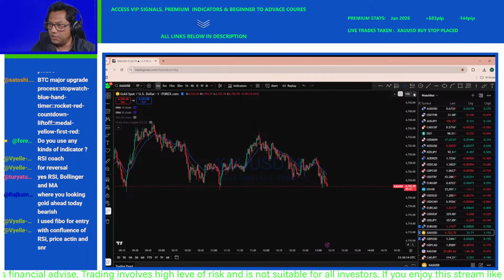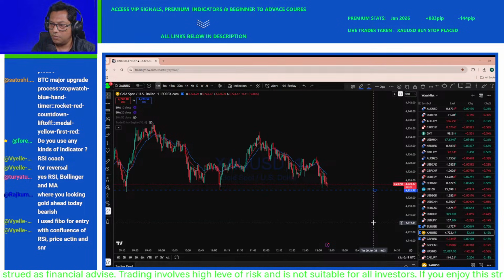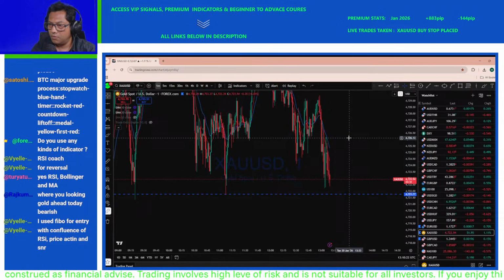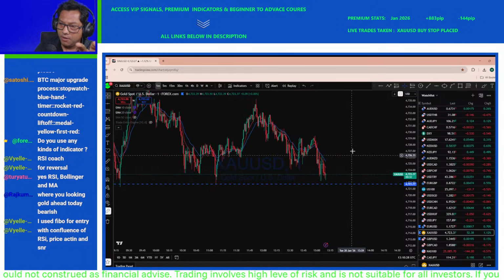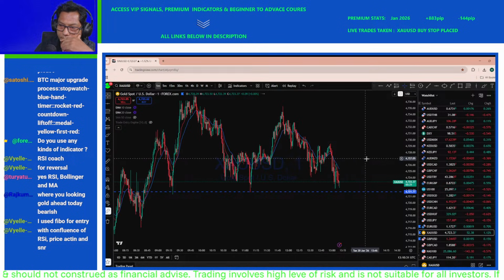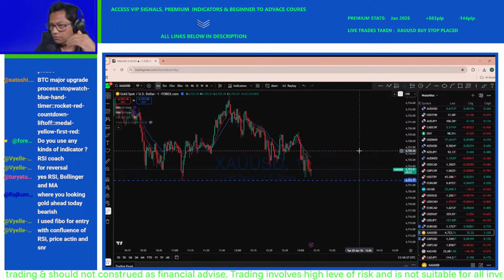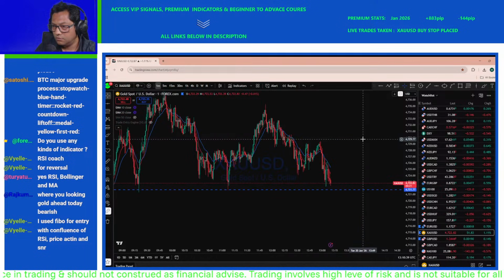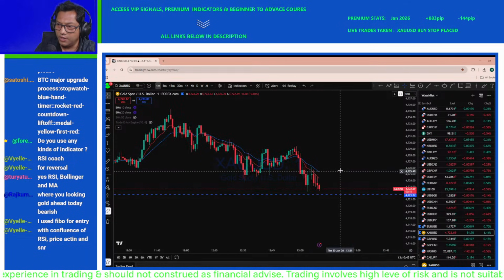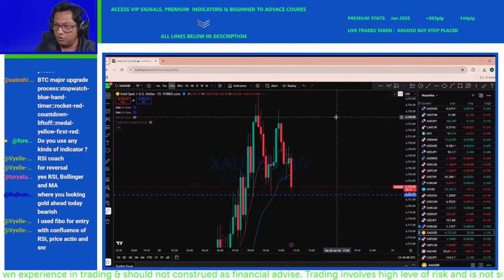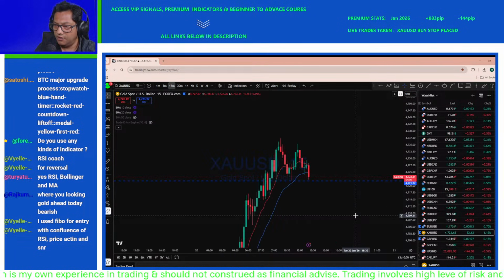Okay, so the nearest support is here. And off that support, you want to see it breaking below, and then to give us a potential break back to the upside here.